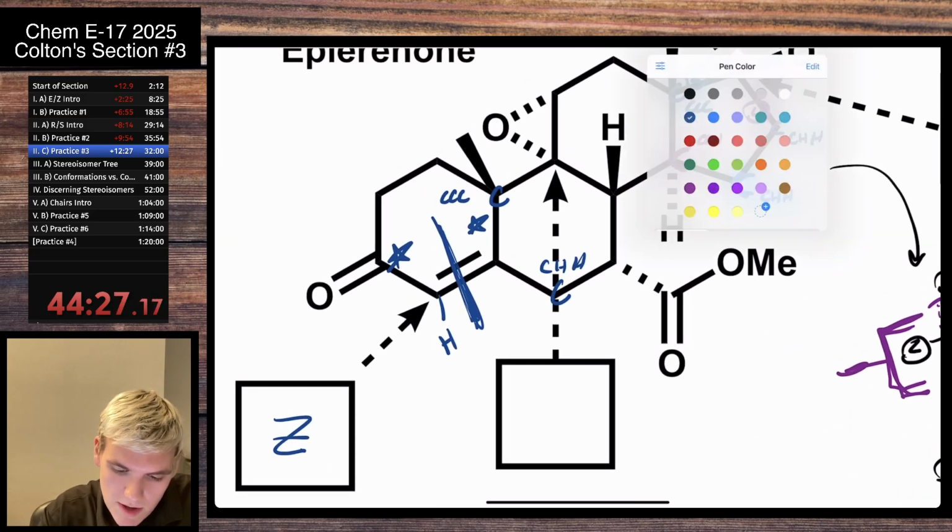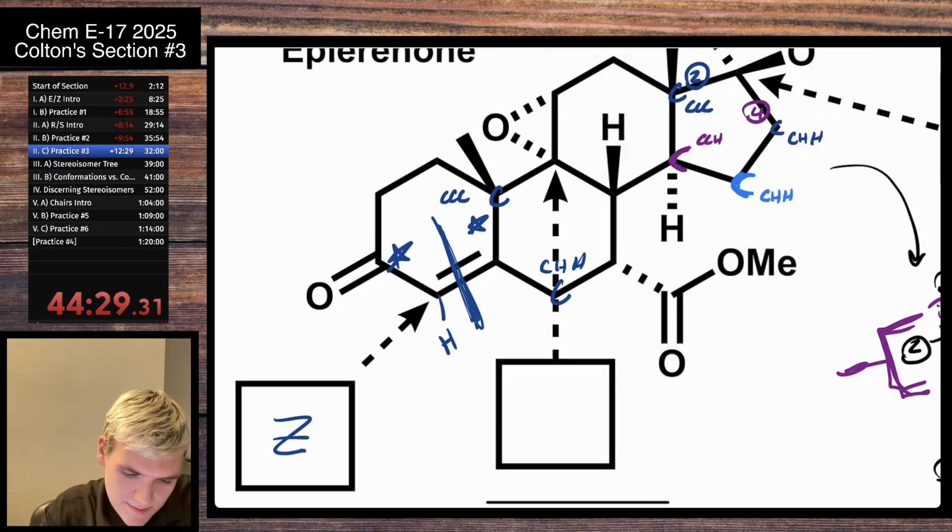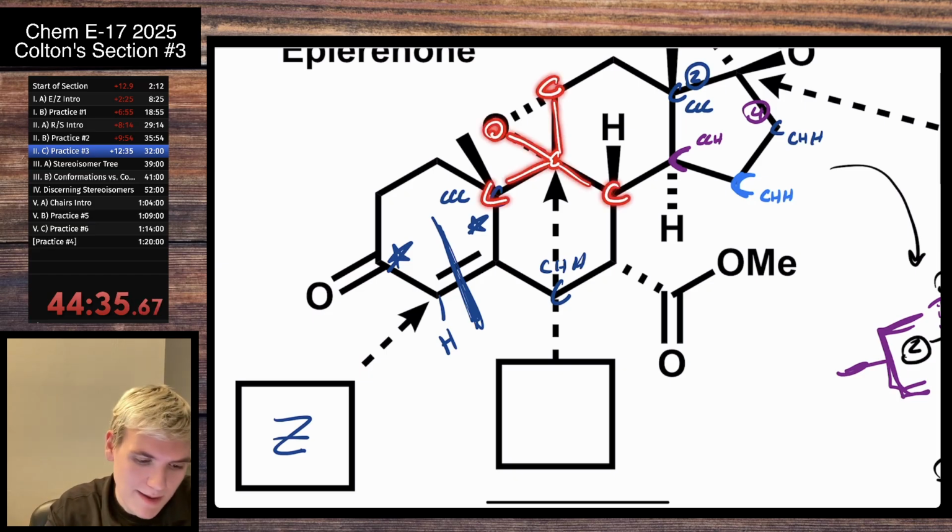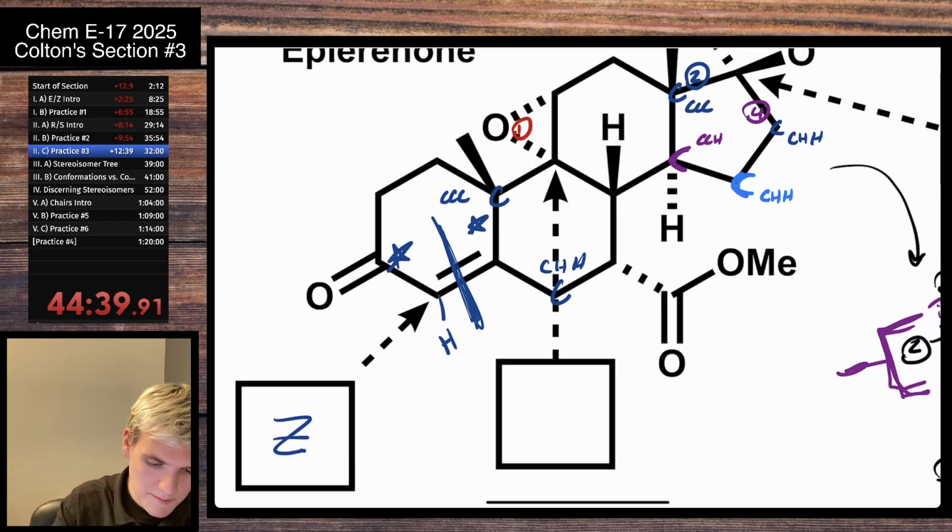So I will use obnoxious colors now. We have oxygen, carbon, carbon, and carbon. So we have a priority 1 at least, our oxygen. Then we are comparing carbon, carbon, and carbon. And we do the substituents. So the top carbon, it's attached to a hydrogen, an oxygen, and a carbon.